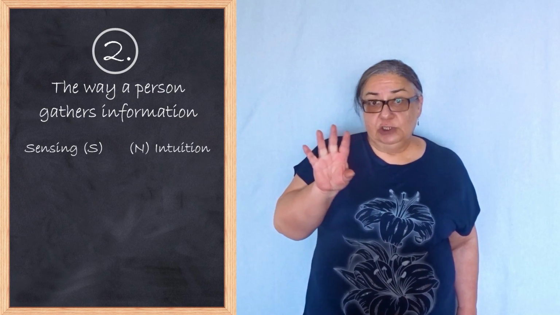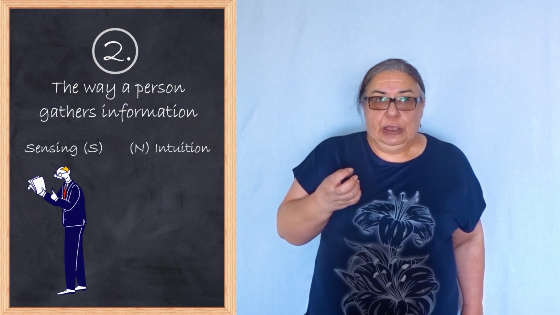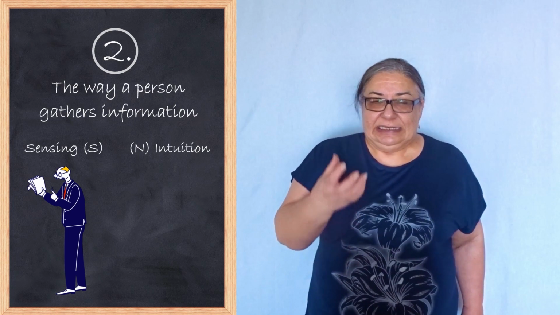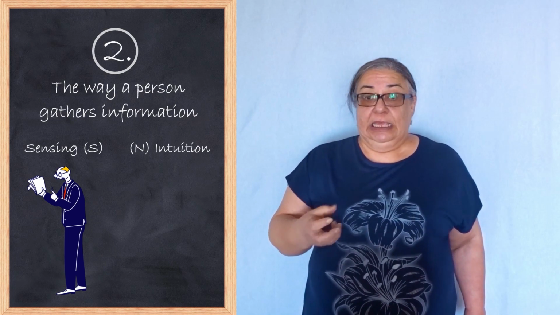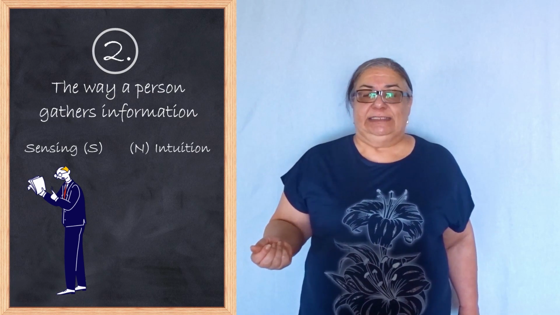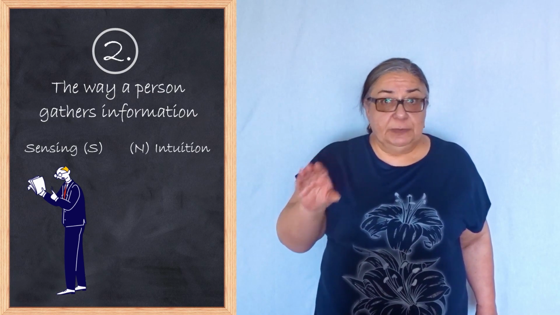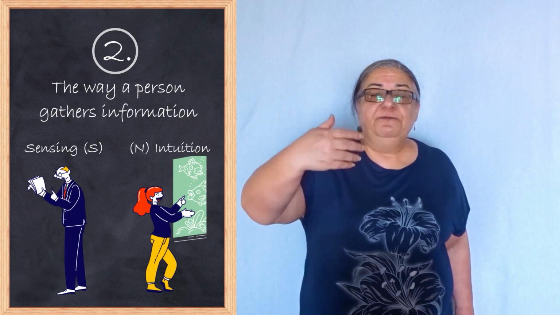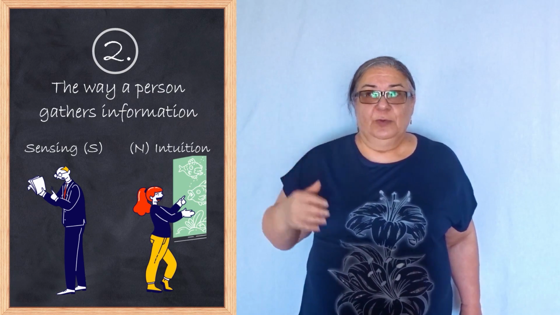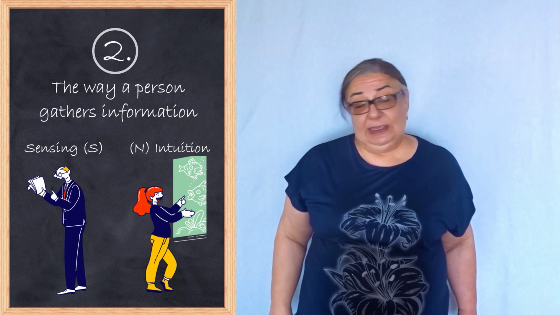Sensing refers to people who tend to focus on the present, now, and on concrete information gained from their senses. Intuition refers to people who tend to focus on the future with a view toward patterns and possibilities.